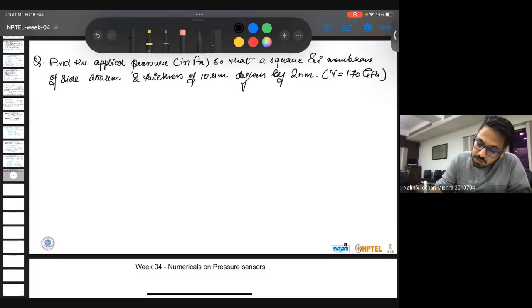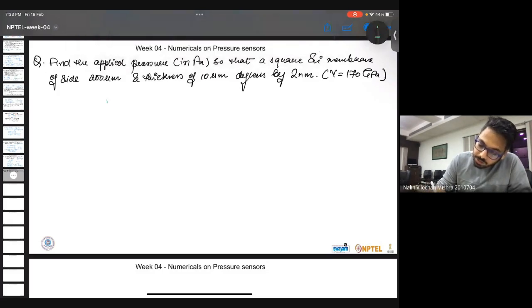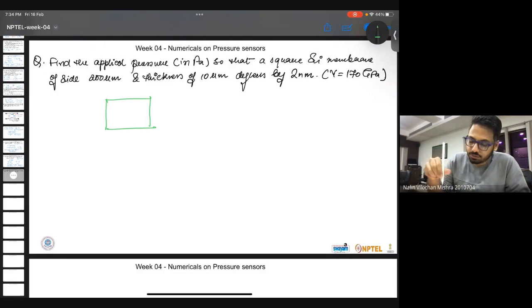So what are they asking? They are saying to find the applied pressure so that the square silicon membrane deflects in the direction inside the paper. The deflection is given as 2 nanometer.